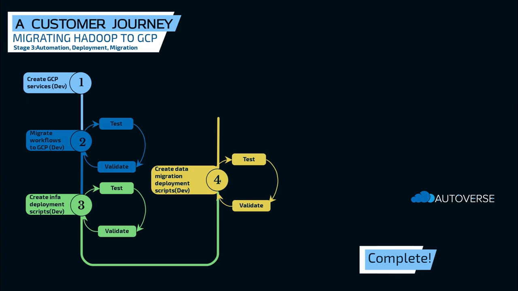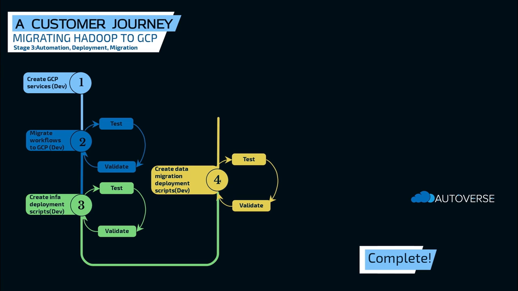Step 4 is really about creating scripts for your data migration. So we've already migrated our data in development, and hopefully you did that with the use of some scripts. But now we need to take a look back at the scripts that we've created and our method that we created in stage 1 and develop better scripts that can facilitate the data migration for the rest of the environments for your customer.